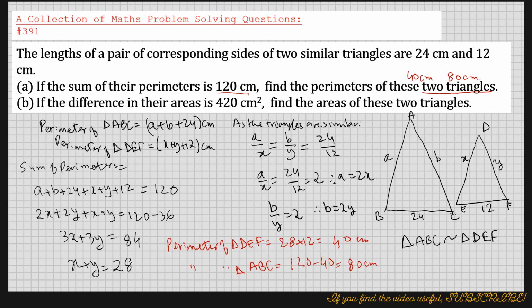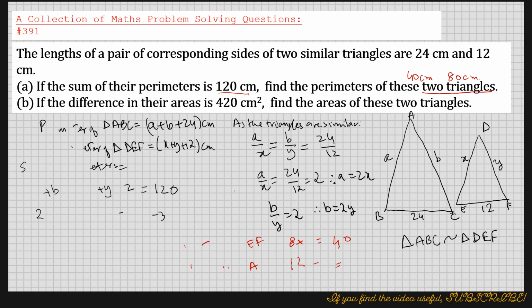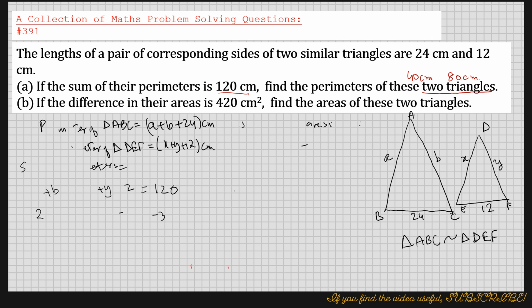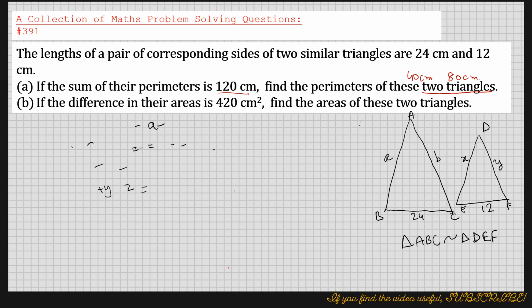For the area bit, I'm just going to erase the perimeter part. Once we do that, for the area, BC is the base, and we assume a height h1 for triangle ABC and h2 for triangle DEF, and the heights would also be proportional.